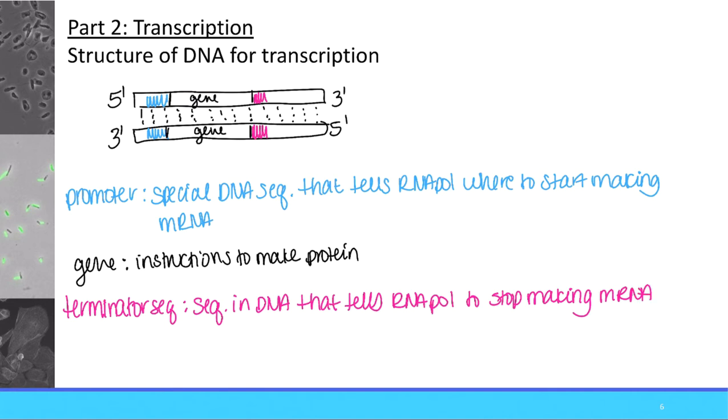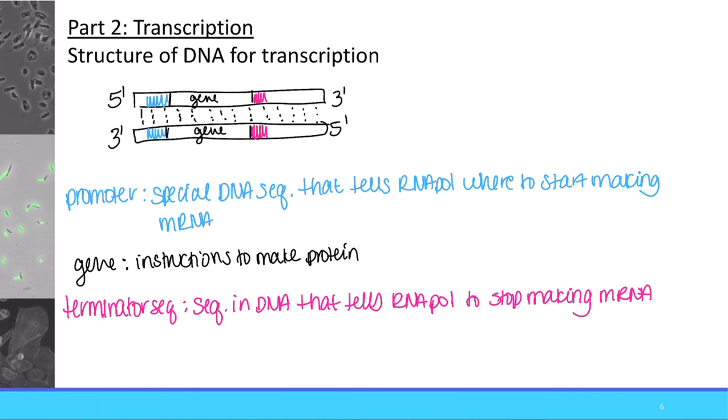This entire thing is often referred to as a transcriptional unit. So we have a promoter, a gene, and a terminator sequence. Much of our genome is just repeats of this. After that pink box, which is a terminator sequence, there might be a promoter sequence for another gene. Then we'll have another gene, another terminator sequence, and that repeats over and over again. So this is the structure of one transcriptional unit, if you will.